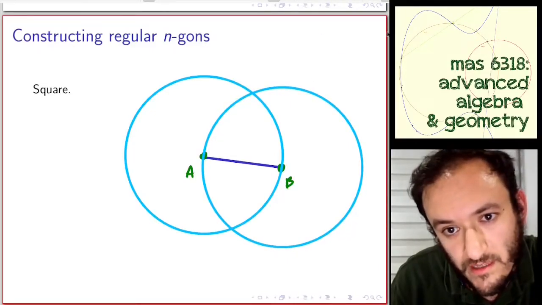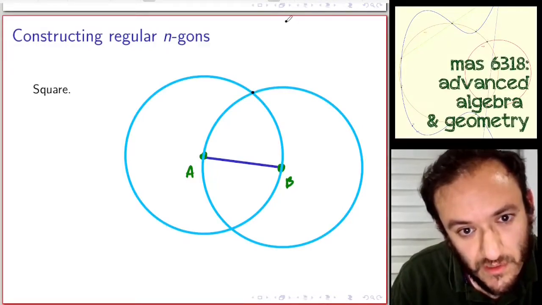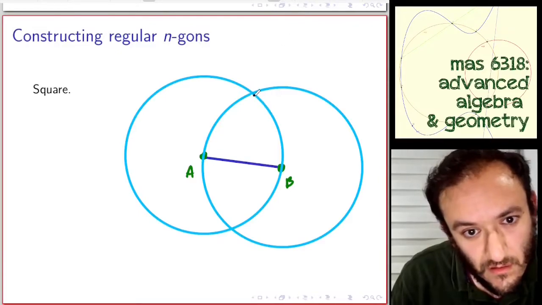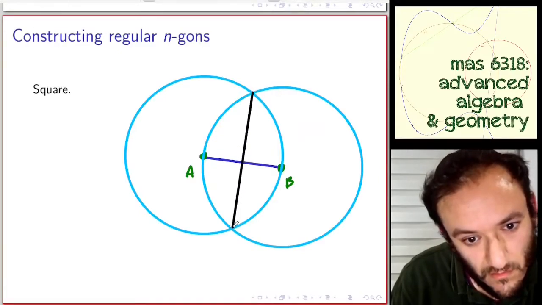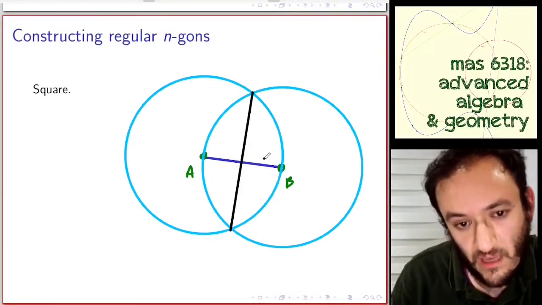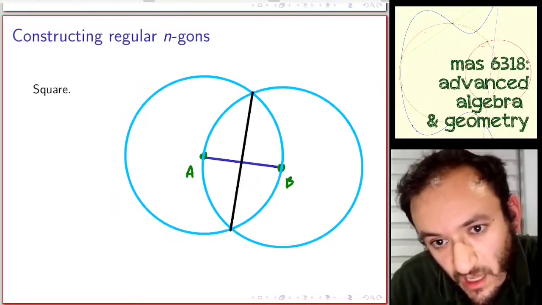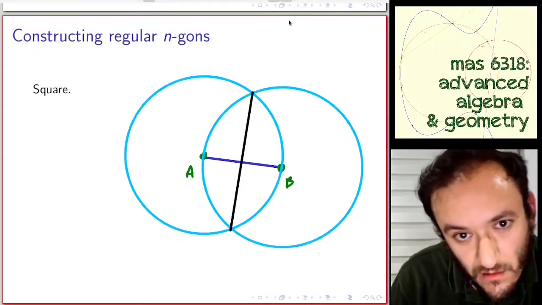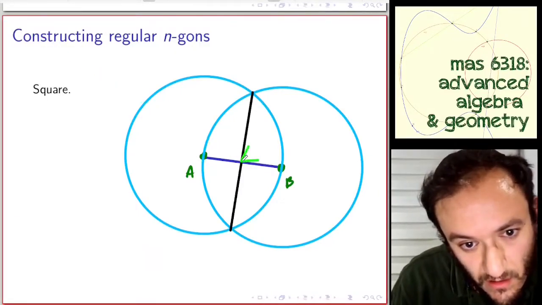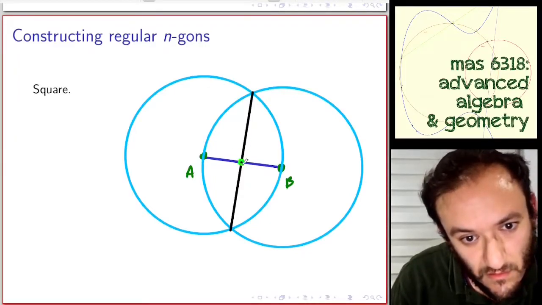Okay, now this line is a perpendicular bisector to AB, which means that I can put a new circle there, centered here, which passes through this.